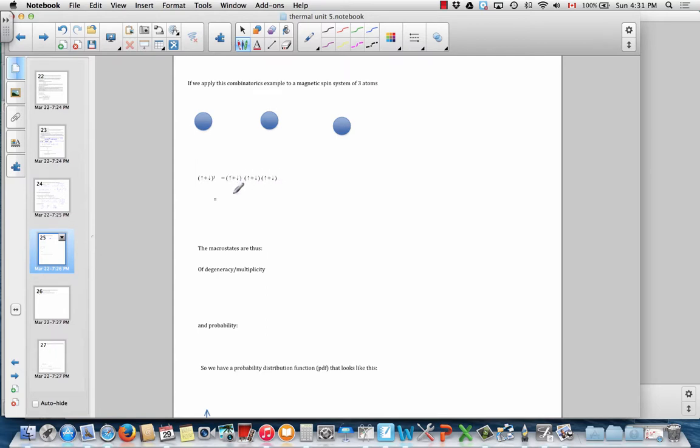Now this is small enough just to expand directly, right? It could be up, up, up, and then we can have 2 ups and a down, and 2 downs, and 3 downs. But there's 3 ways to get 2 ups and a down, and there's also 3 ways to get 2 downs and an up.